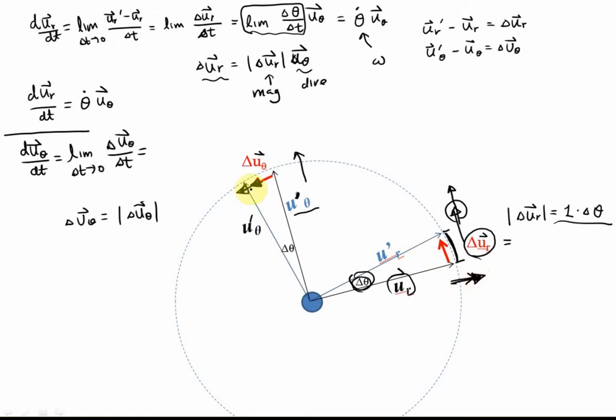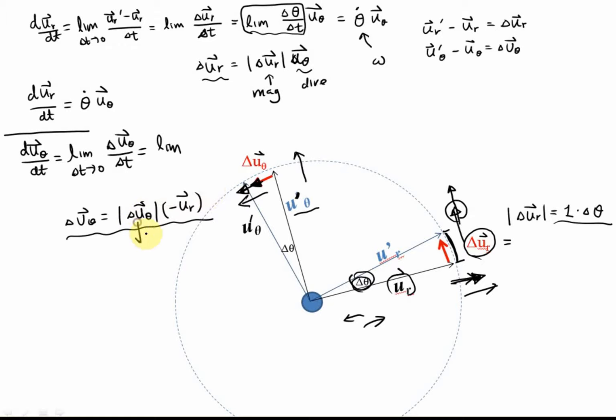So they are parallel, but the direction is opposite, right? This is going out, this is going in. That's why this one should be negative u r. So we replace delta u theta using this.